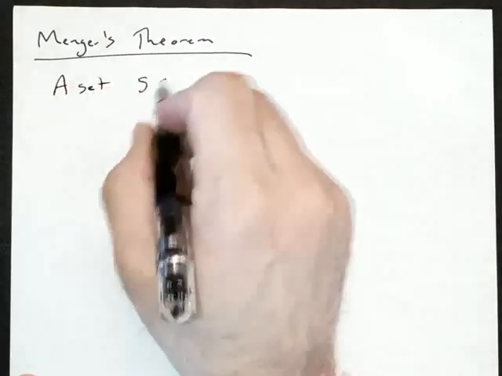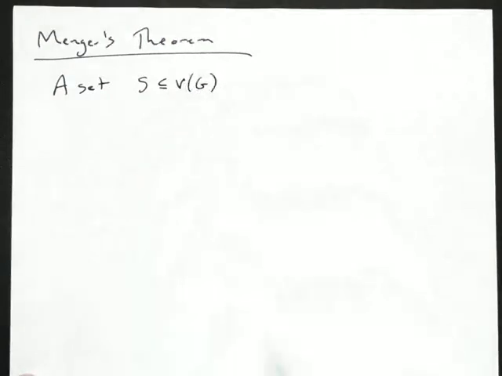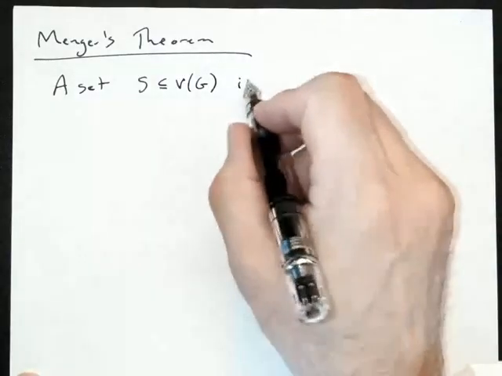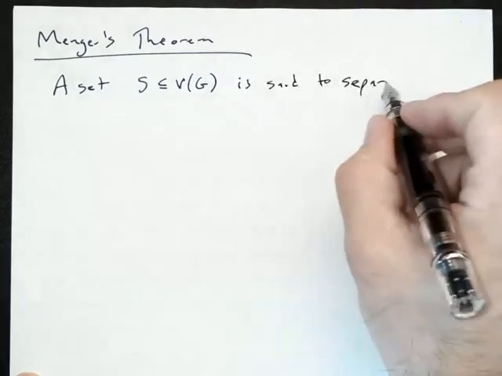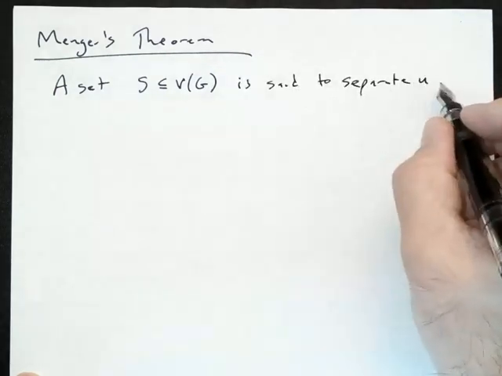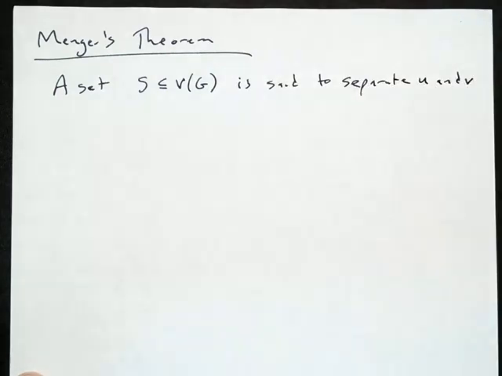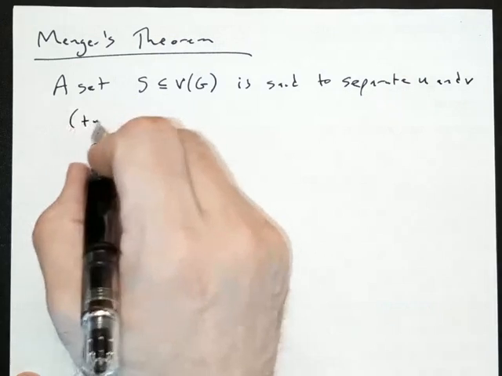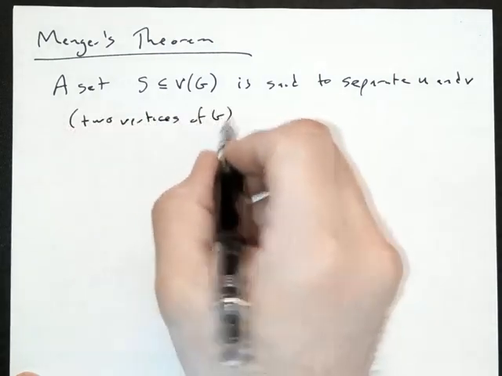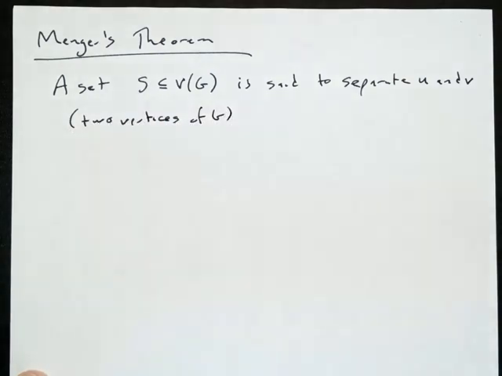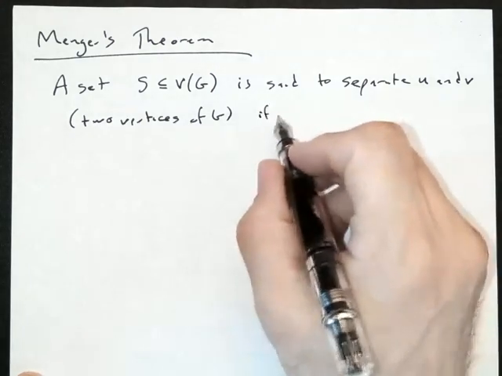A set of vertices S is said to separate U and V, two vertices, if U and V belong to different components after you take away S.